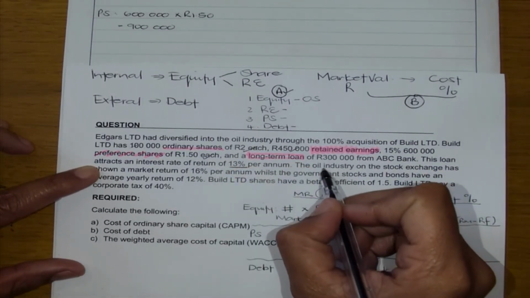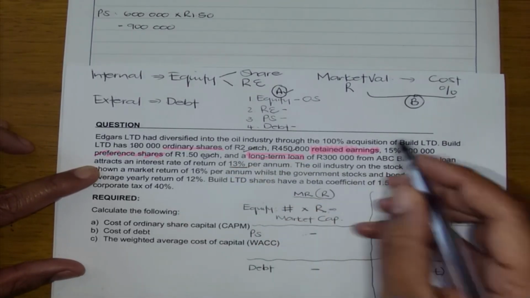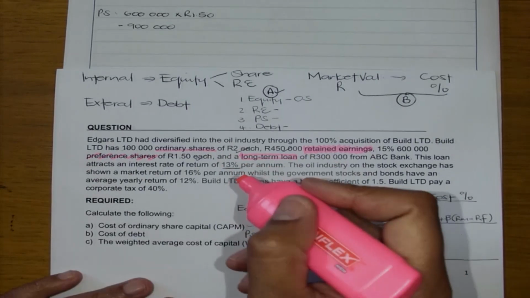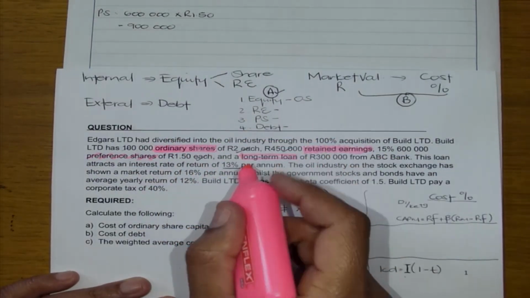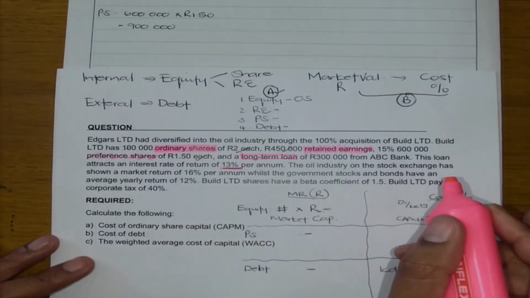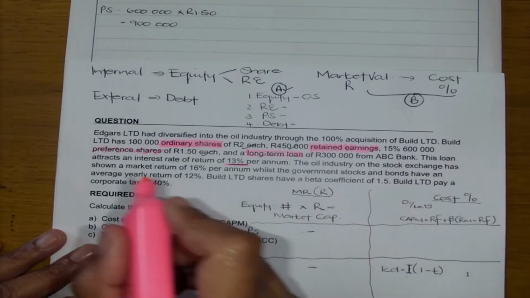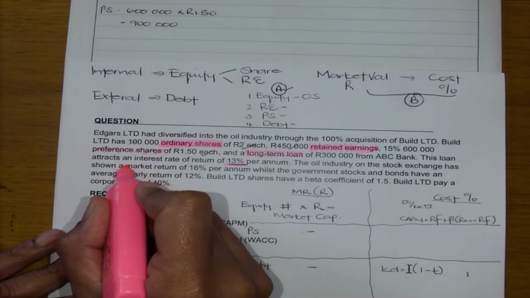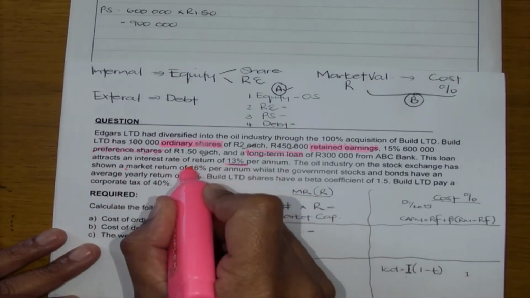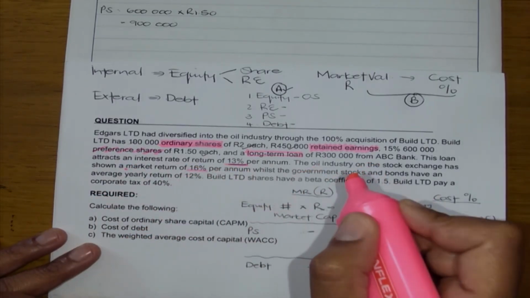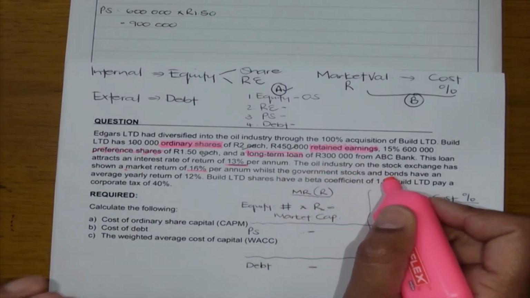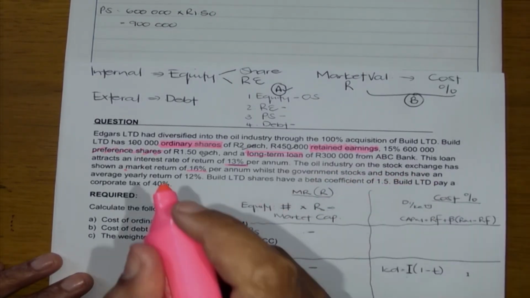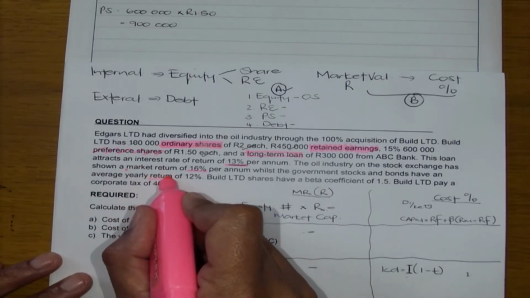It says the oil industry. Let's just do this. The oil industry, so that we know this is just for the cost. The oil industry on the stock exchange has a market return of 16%, right? While government stocks, when you see words like government stocks, you need to know it's risk-free. And bonds have an average annual rate of 12%.